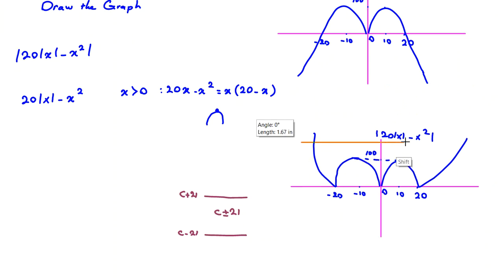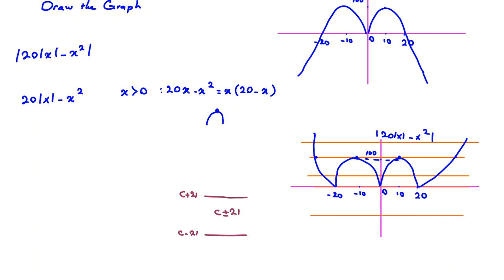If our horizontal line is here, we have two solutions. If it is here, let me draw it a bit better. It will be something like this. So how many solutions are there? 1, 2, 3, 4. If our horizontal line is here, no solution. If it is here, 3 solutions.